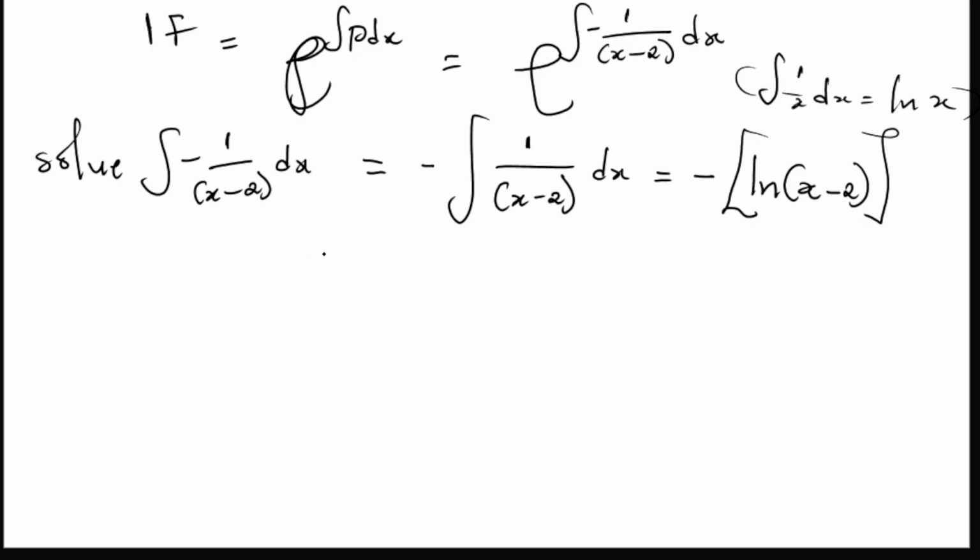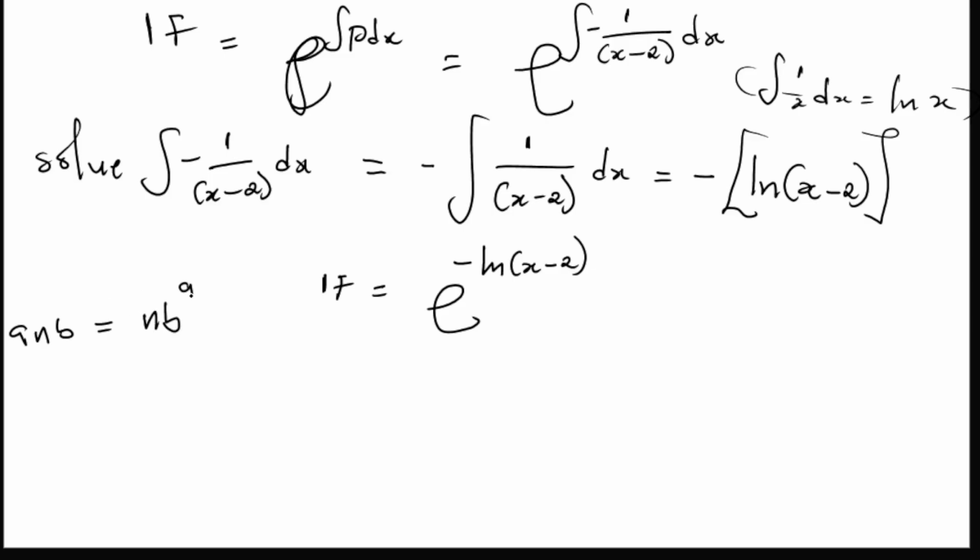If you input it back into your if statement, you now have your new if statement to be equal to exponential of minus ln of x minus 2. Are we together? Now remember, we can still simplify minus ln of x minus 2. Remember, from the law of indices, if you have a ln b, this is the same thing as writing ln b raised to the power of a.